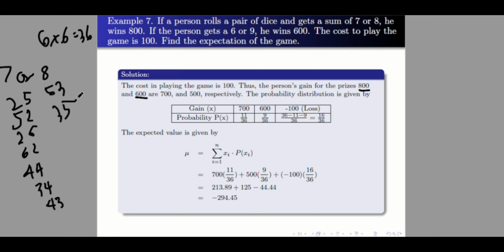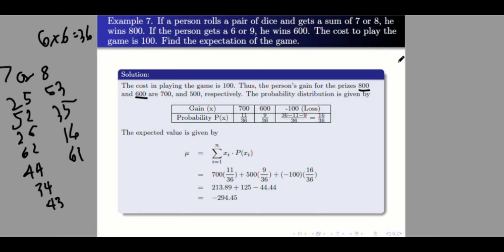So this is for 8. And also we have 1, 6 and 6, 1, which is 7. So I think these are all. So 1, 2, 3, 4, 5, 6, 7, 8, 9, 10, 11. So that is why we have 11 over 36.